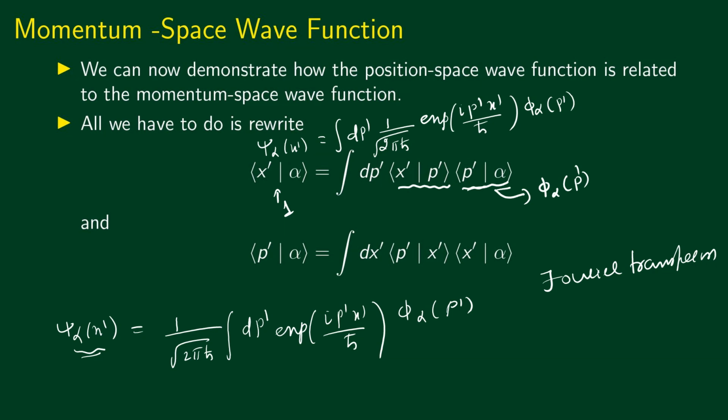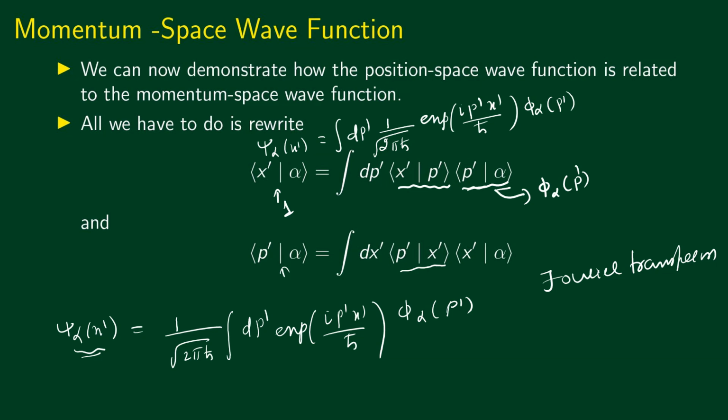In the same way, we need to relate the momentum space wave function to the position space wave function. So we introduce an identity operator in terms of the position eigenkets. This is written as integral dx prime bra p prime ket x prime bra x prime ket alpha. Again, bra p prime ket x prime is the complex conjugate of this thing.